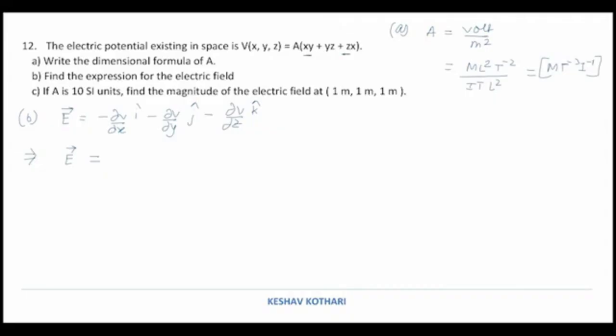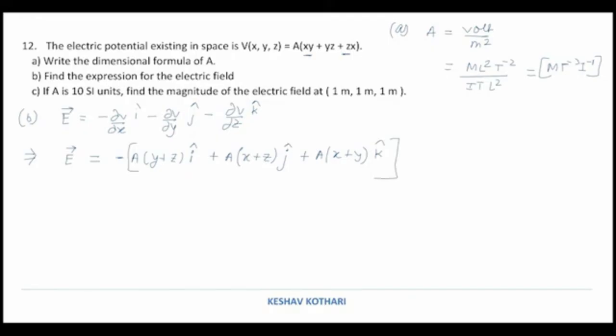Similarly, when we differentiate with respect to Y, we are left with X and Z. So we can clearly write this equation as minus A, which is treated as common, (Y plus Z) i cap, then with respect to Y we get A(X plus Z) j cap, and then with respect to Z we get A(X plus Y) k cap. And we are taking the negative common, so we get something like this for this particular problem.